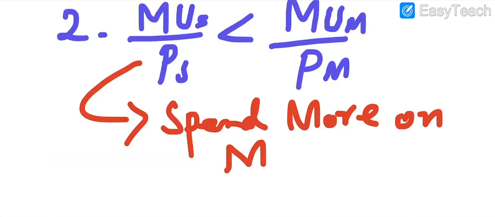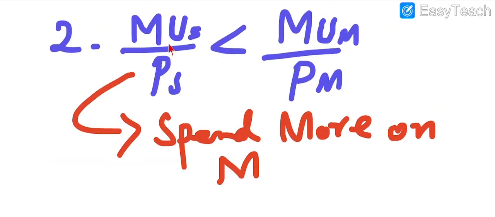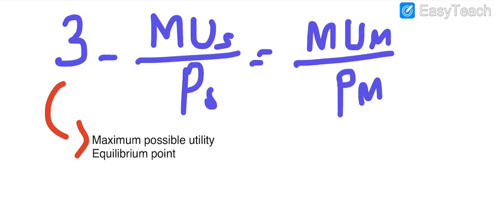Similarly, if marginal utility of sugar is less than marginal utility of milk, it means we will have to spend more on milk. Why? Because now the marginal utility of milk is higher than marginal utility of sugar.